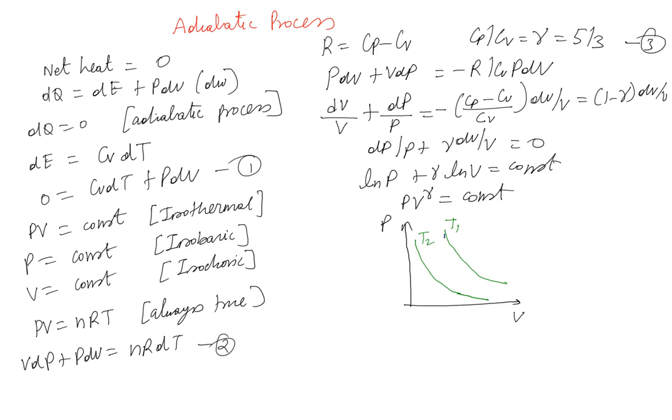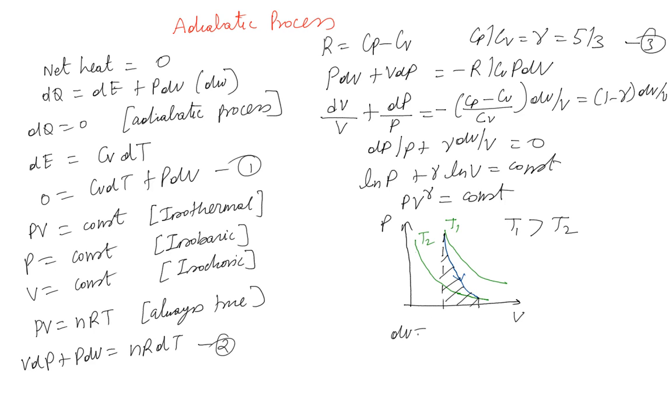Here T1 is greater than T2. So as you can see, the system starts at some temperature T1, and it loses energy and because of that it reduces to a lower temperature T2. In the process, it does some work because there is no heat pumped in. All the work done is actually coming from the internal energy. This is the work done.